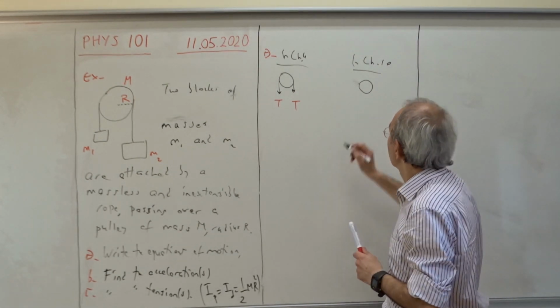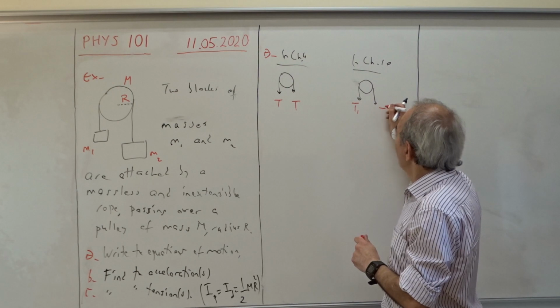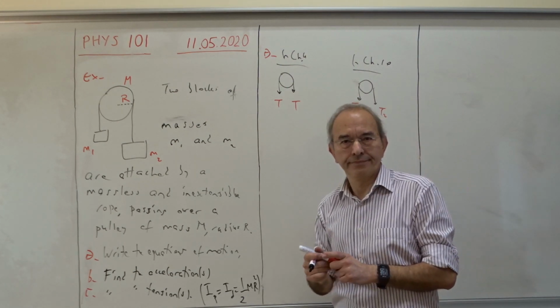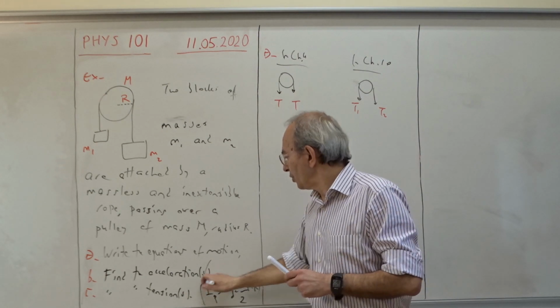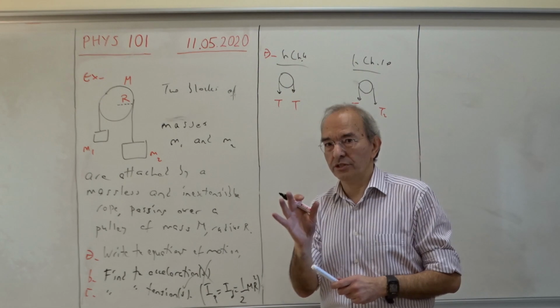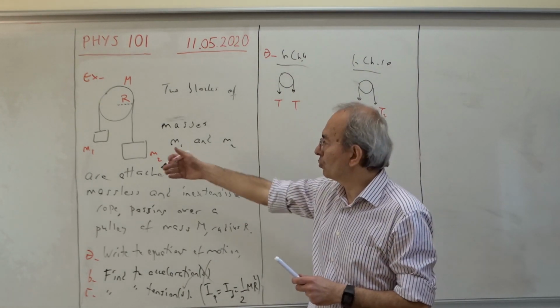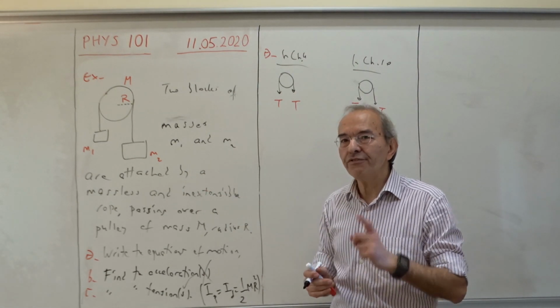That's one of the main reasons. So this is the tension T1, that's the tension T2. Main difference. Of course, there is the same acceleration. This is wrong, but this is correct. There are two different tensions in this problem. And in the two sides of the rope, tensions will be different necessarily.